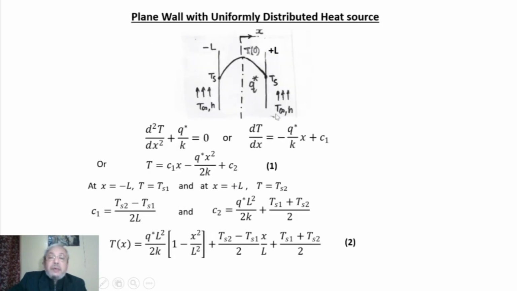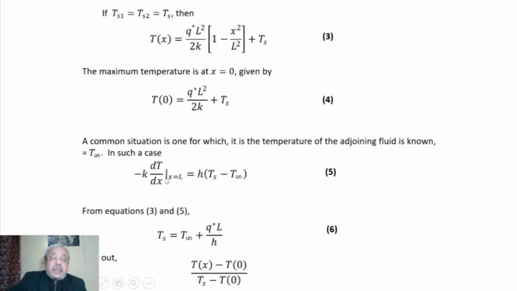That means whatever amount of energy is conducted, minus k dT/dx at x equal to L, will be convected. So we can write minus k dT/dx at x equal to L equal to h (Ts minus T infinity).